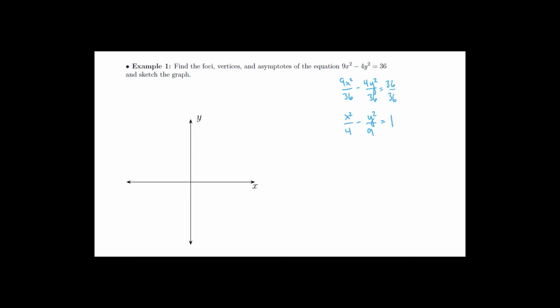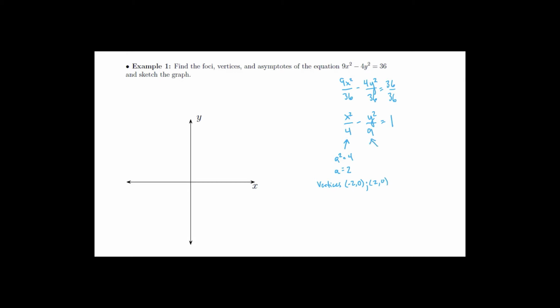All right, so I can see that my a squared, and remember I'm determining which one is a by the positive one. Okay, so a squared is 4, so that means a is equal to 2. So that means my vertices, because they are with the x, are -2, 0, and 2, 0.